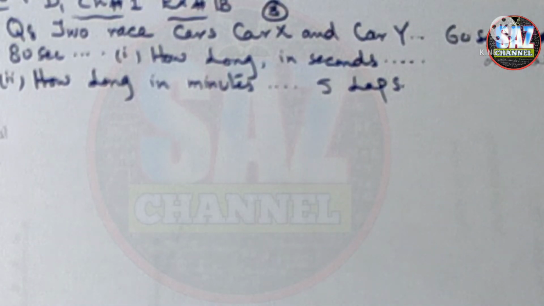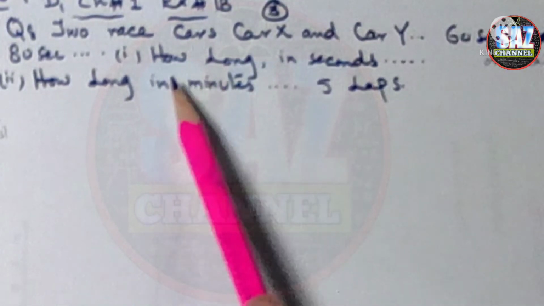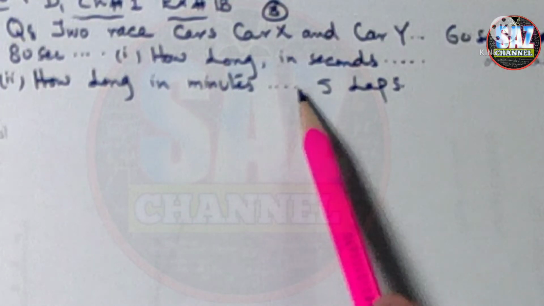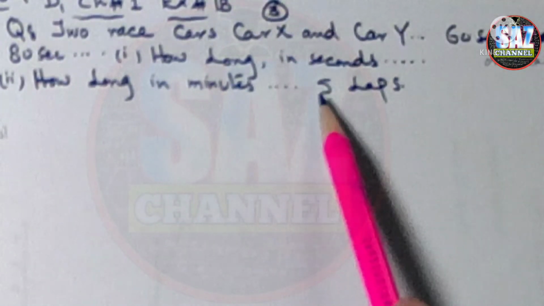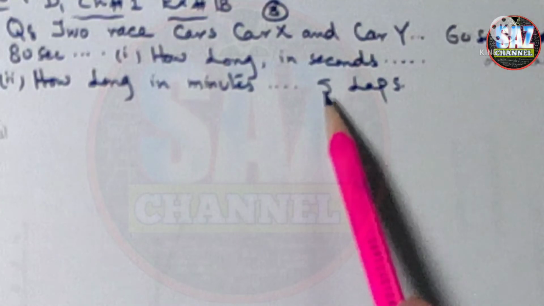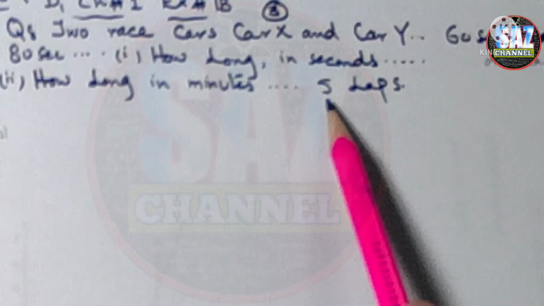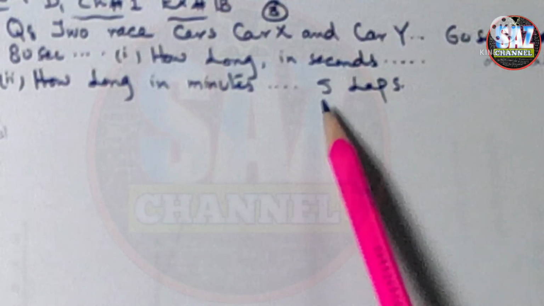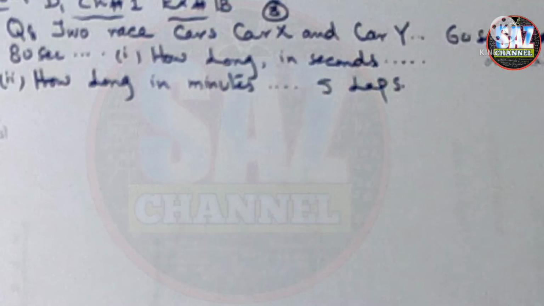The first requirement of the question is: how long in seconds will it take for both the cars to be back at the starting point at the same time? And the second is: how long in minutes will it take for the faster car to be 5 laps ahead of the slower car?